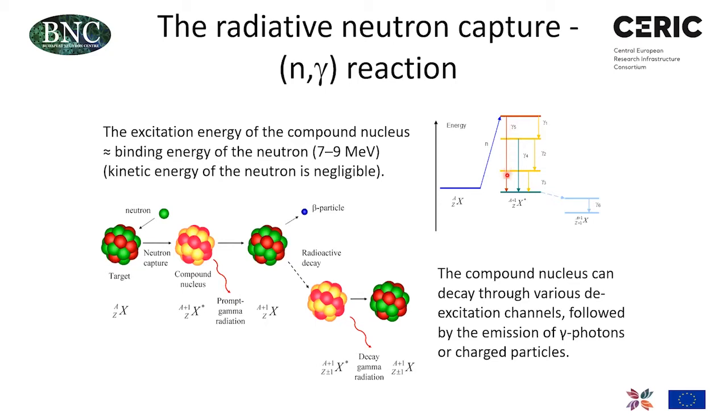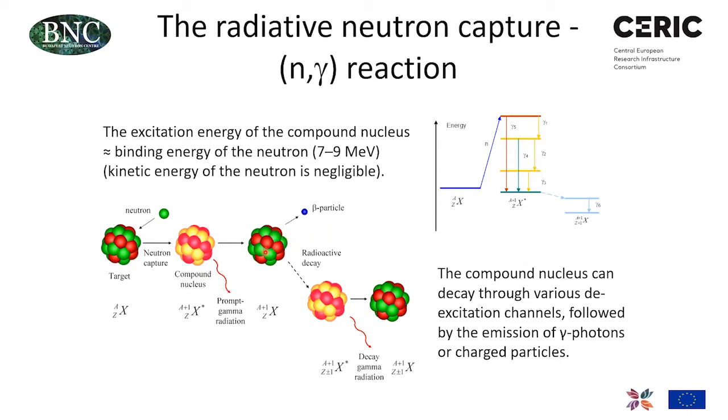So you can have a direct transition down to the ground state, or you can have a series of gamma emissions, which is called a decay chain or emission chain. And there are nuclear physics rules to say which transition is more probable or not.